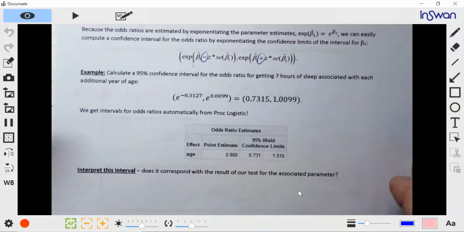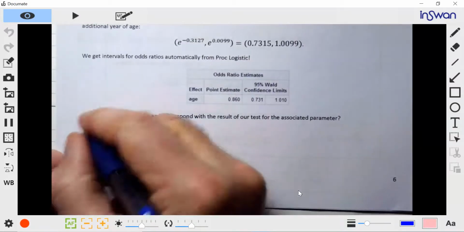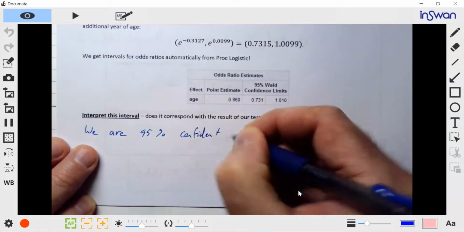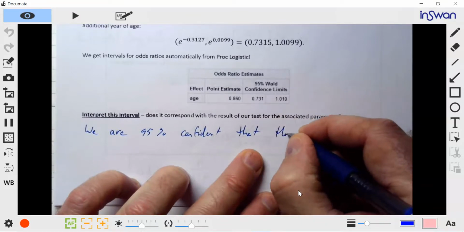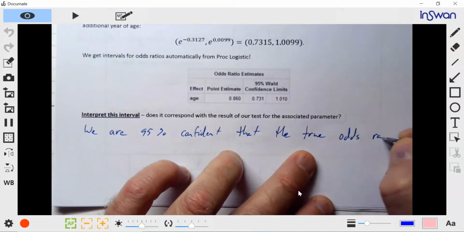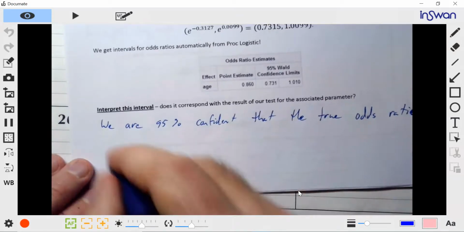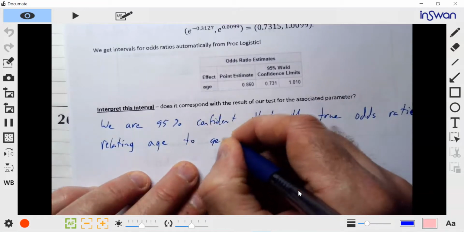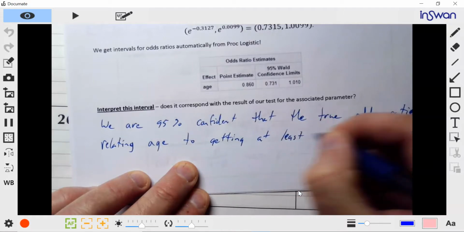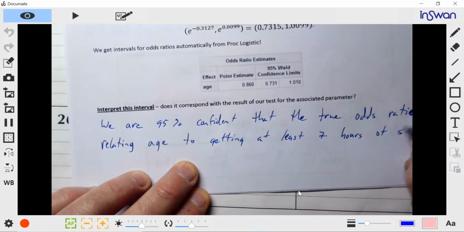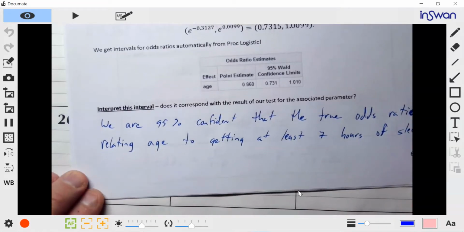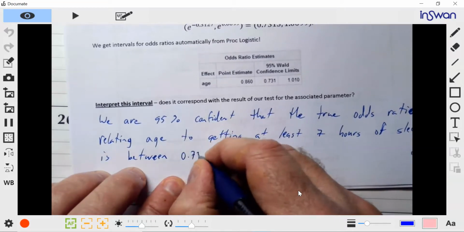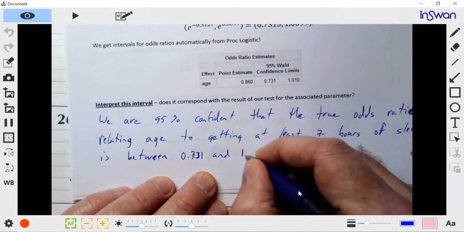So now let's interpret this interval. We can say that we are 95% confident that the true odds ratio relating age to getting at least 7 hours of sleep on average, of course, is between 0.731 and 1.010.